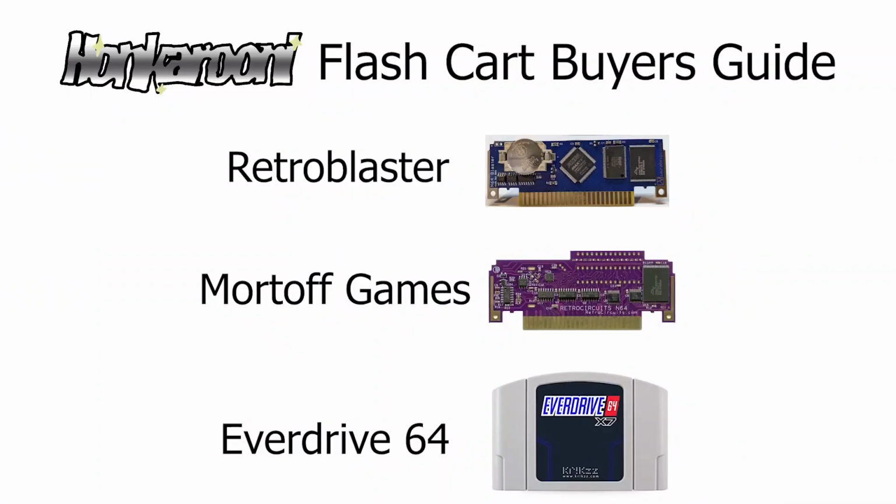Then there are some other options, other companies like Mordoff Games, also sold out. There's the EverDrive 64, which is really expensive but is a perfect flash card for the N64. You can put a lot of games on there, but I'm not going to buy that and send it to them. Ideally, if I really needed to, I probably would, but that's a huge waste of money.